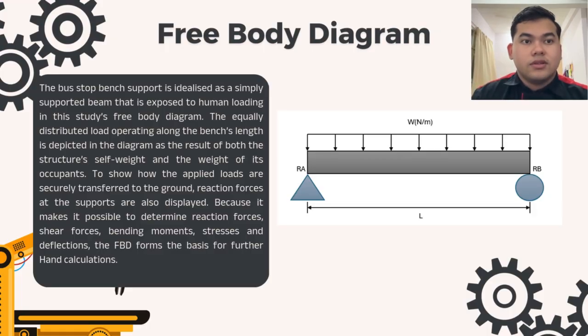To show how the applied loads are securely transferred to the ground, reaction forces at the supports are also displayed, because it makes it possible to determine reaction forces, shear forces, bending moments, stresses, and deflection. The FBD forms the basis for further hand calculation.